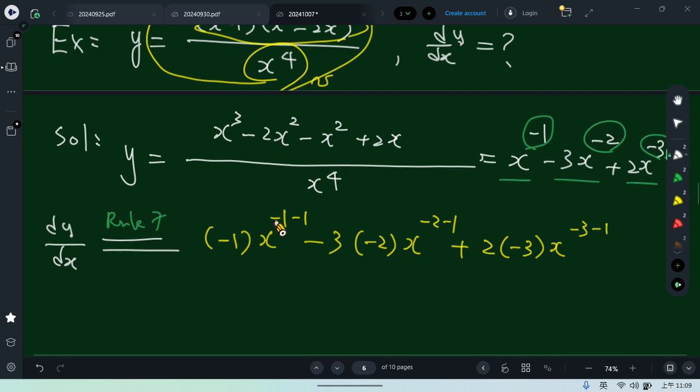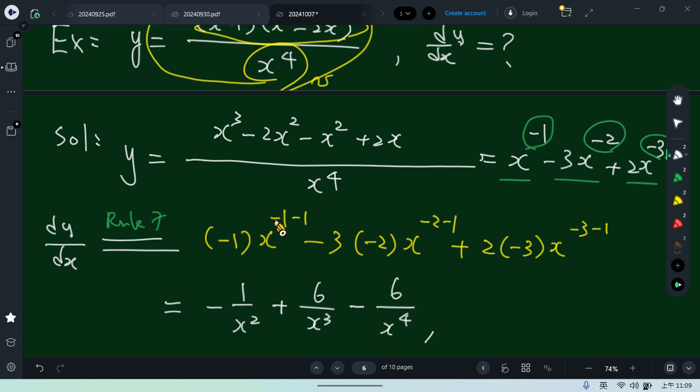After that, the result will be very simple: minus 1 over x squared plus 6 over x cubed, and then this one.